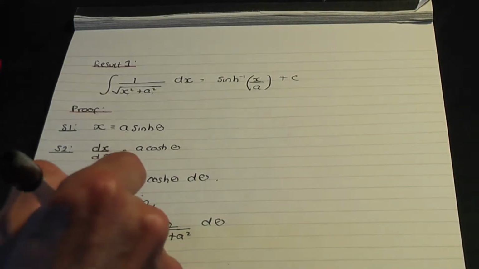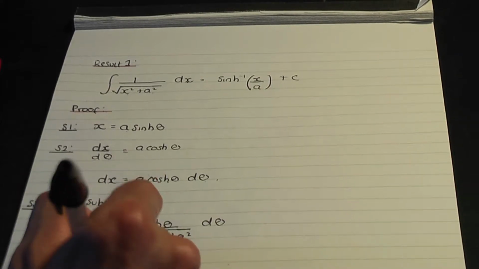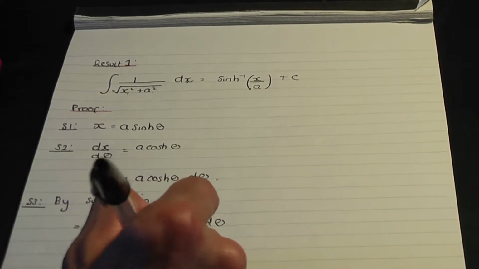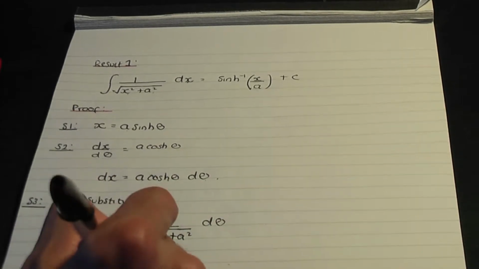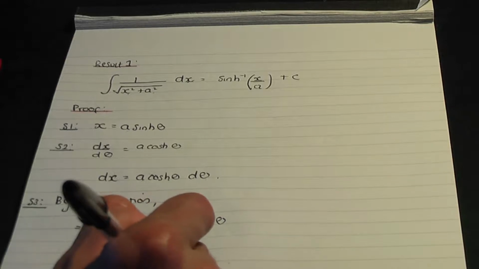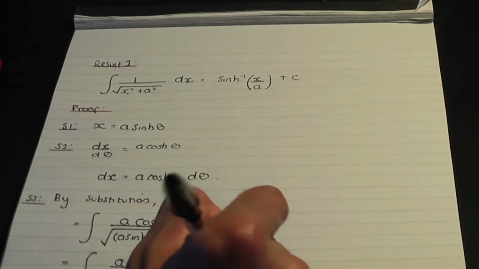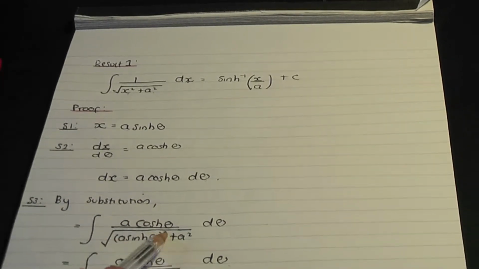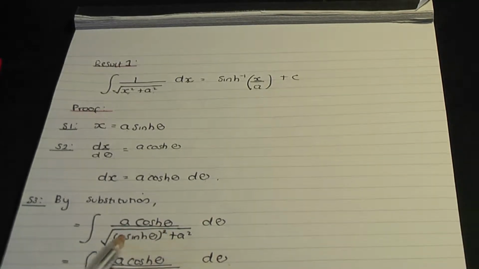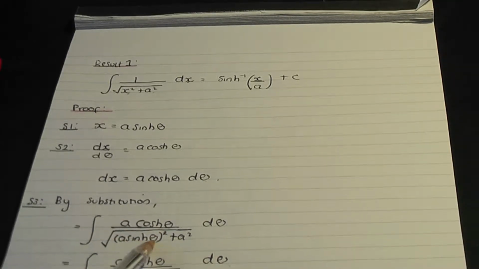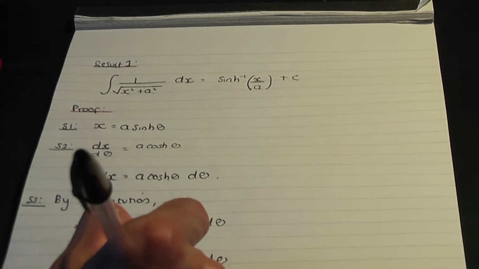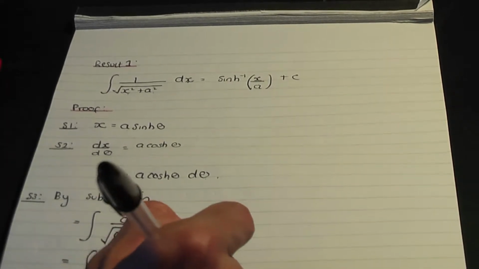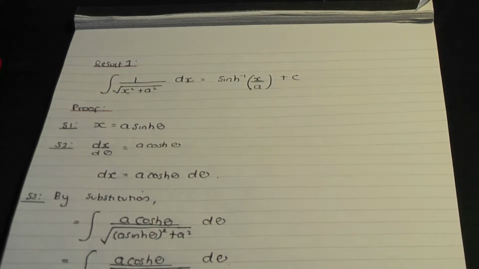Okay, so if we continue, we're going to have a hyperbolic cos theta over the root of, so in this case I'm going to have an a squared when I expand the bracket here, so I'll have an a squared hyperbolic sine squared theta plus a squared, so we're going to have a squared hyperbolic sine squared theta plus a squared under the square root.